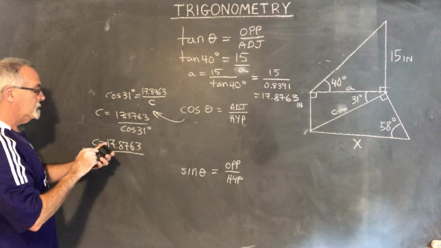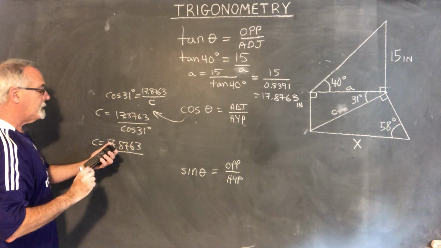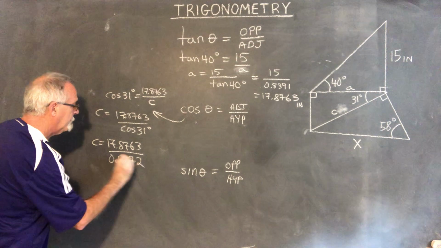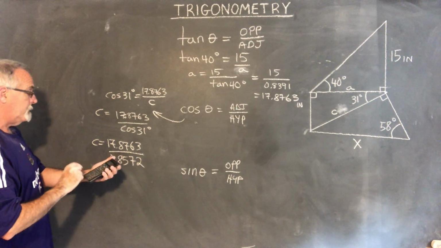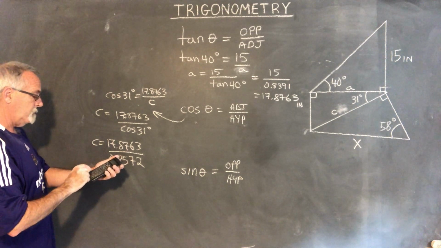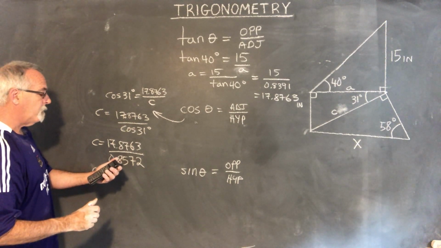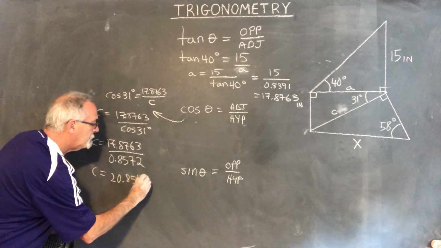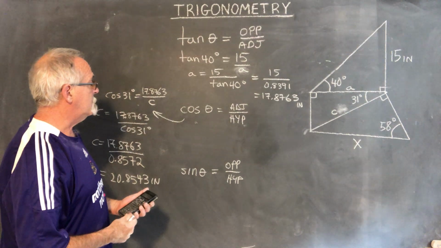Cos of 31, still in deg mode, cos 31 equals 0.8572. 17.8763 divided by 0.8572 equals 20.8543 inches. Again, we don't really need the unit of measure yet because it's not our final step.